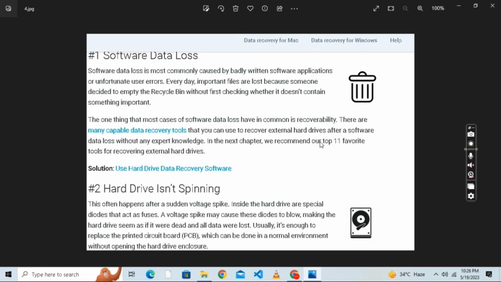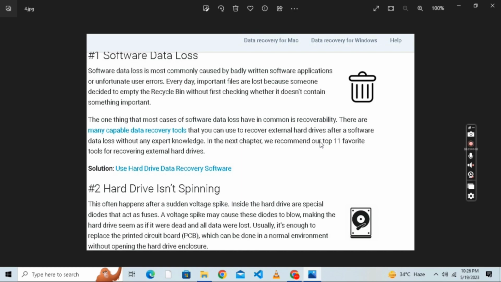The one thing that most causes of software data loss have in common is recoverability. There are many capable data recovery tools that you can use to recover external hard drives after a software data loss without any expert knowledge. In the next chapter, we recommend our top 11 favorite tools for recovering external hard drives.